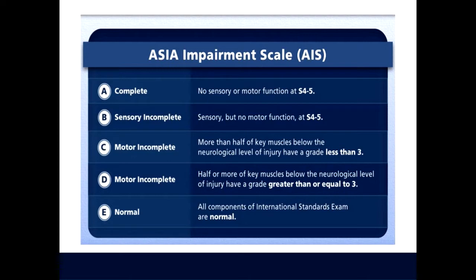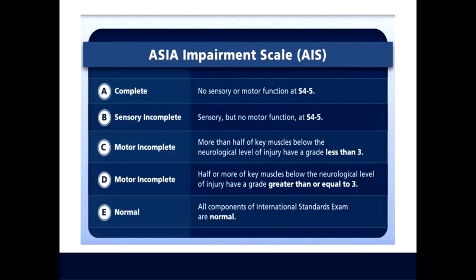An ASIA E is someone who is completely neurologically intact after there was evidence of them having something not neurologically intact one time in their life. So everyone here is not an E unless you've had a spinal cord injury. So you've got your A, you've got your E, and in the sandwich you've got B, C, and D.